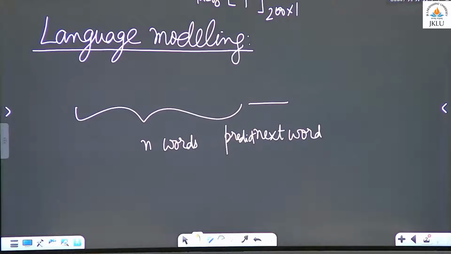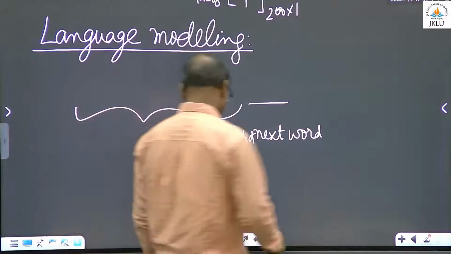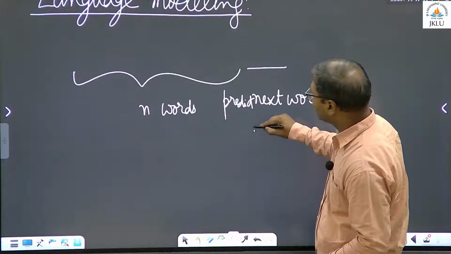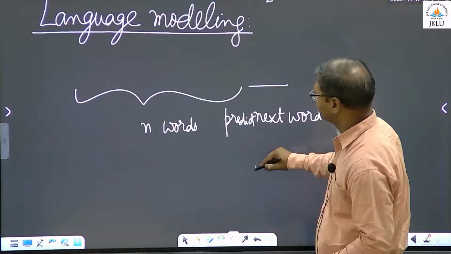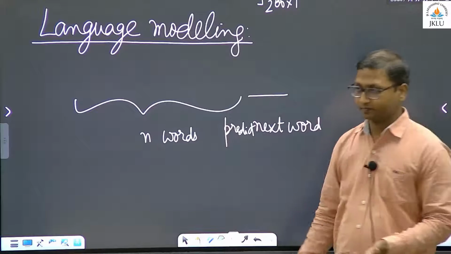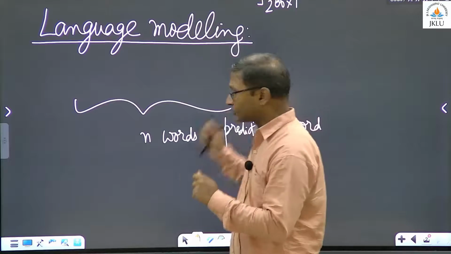What else is it? It can also be said as the probability of a given sentence. They are one and the same ways of looking at things.